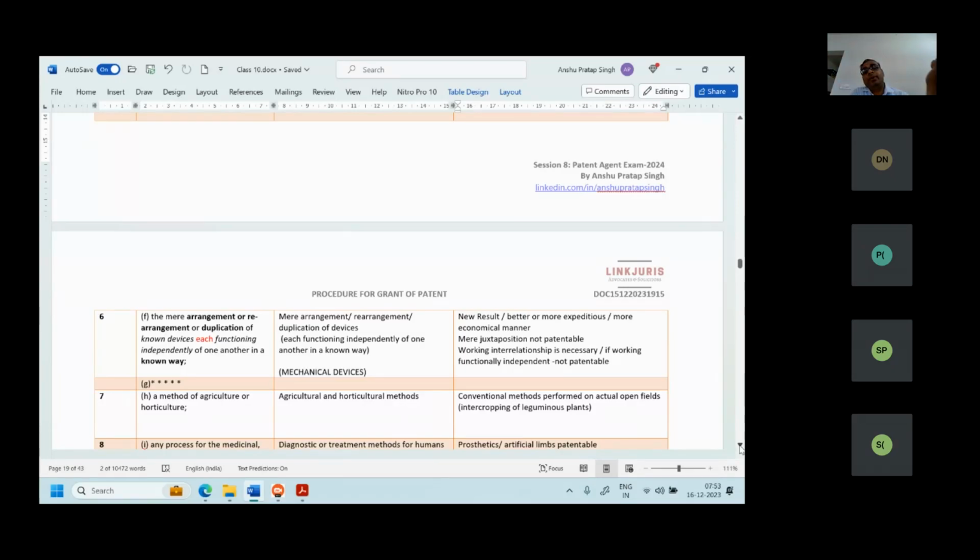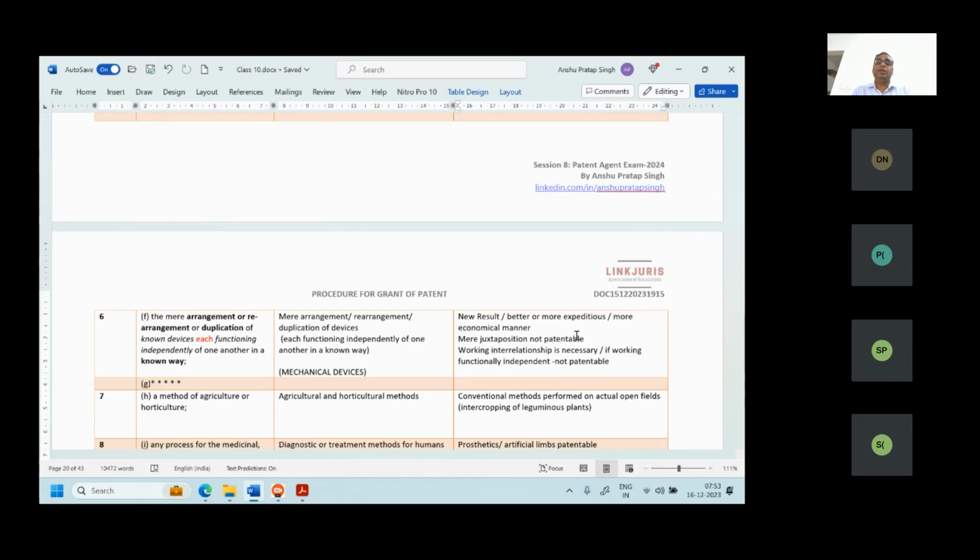So what is the requirement when such arrangement, rearrangement, or duplication of known devices, which can function independently, can be patented? Very important is that there is a new result, or it becomes more efficient or more economical. So merely juxtaposition is not patentable.